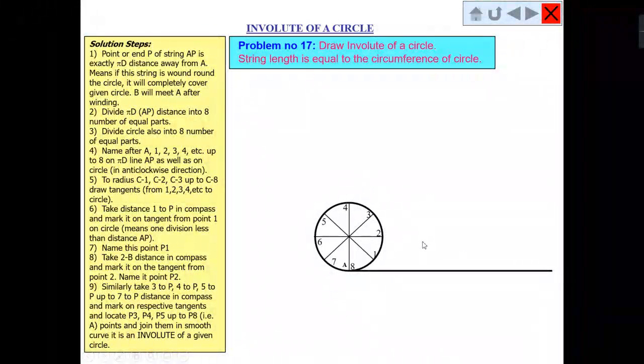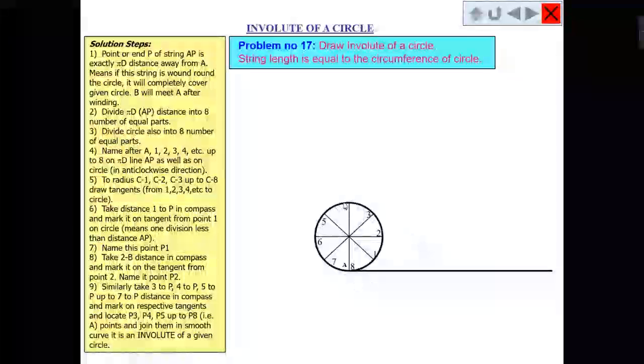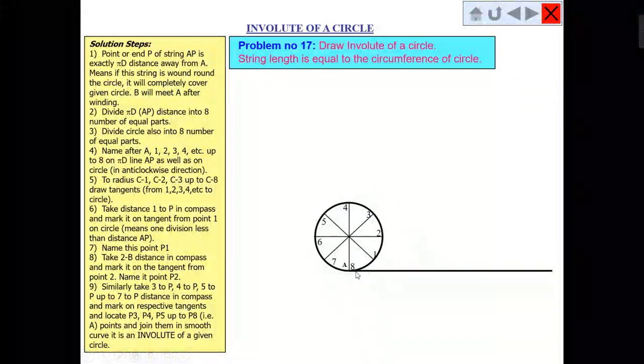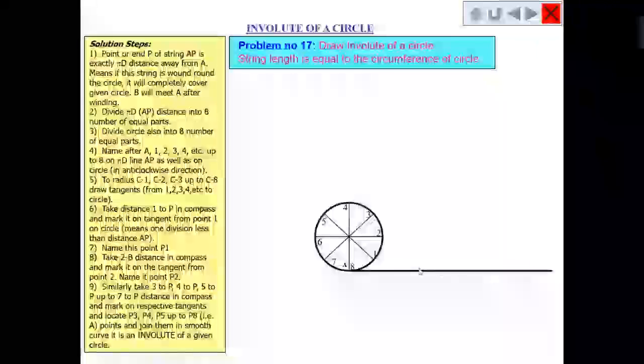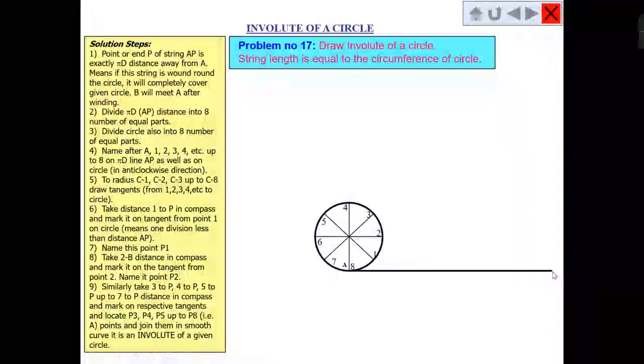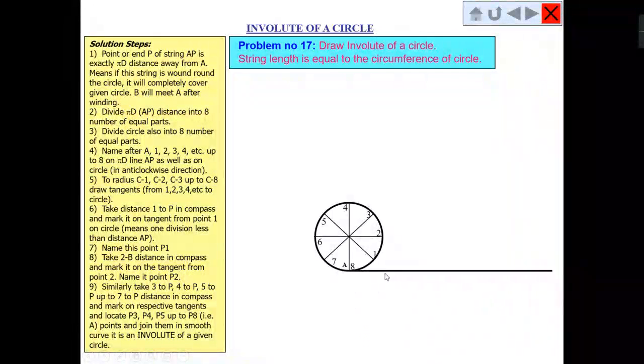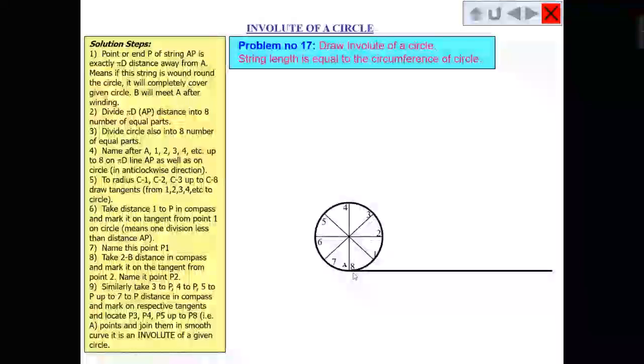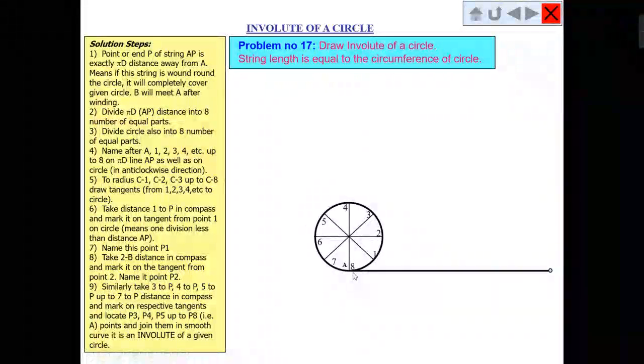As I have divided the circle into 8 equal parts, I will divide this line into 8 equal parts, as we did in the scale. The same procedure we have to follow.